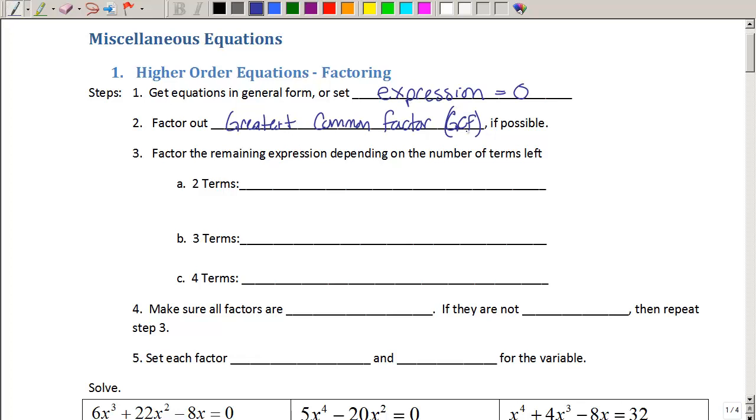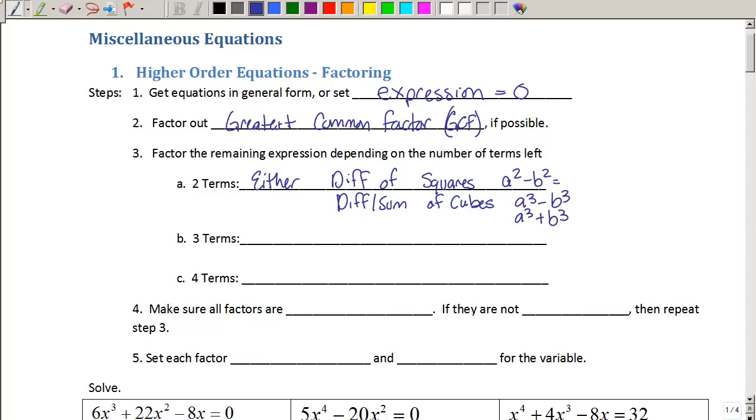Step 3, I want you to factor the remaining expressions depending on the number of terms left. If there are 2 terms, you're going to use a formula, either difference of squares, which is a squared minus b squared, or difference or sum of cubes, which could look like a cubed minus b cubed, or a cubed plus b cubed.